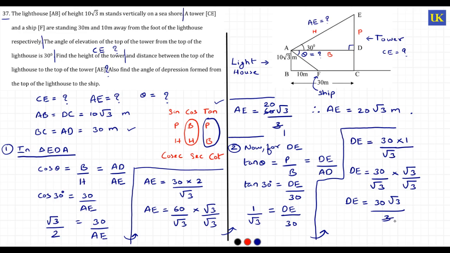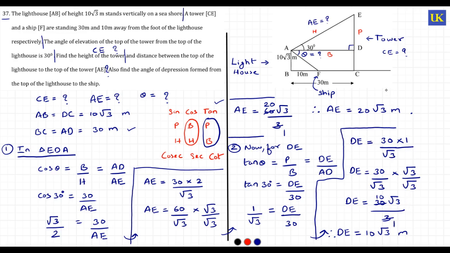Then we will cancel. 3 ones are 3, 3 tens are 30. So DE is how much? DE is 10 root 3 meters. So we got the value of DE also.